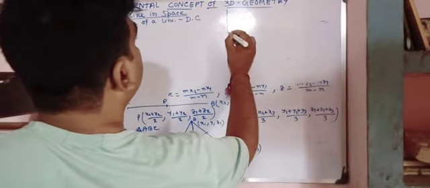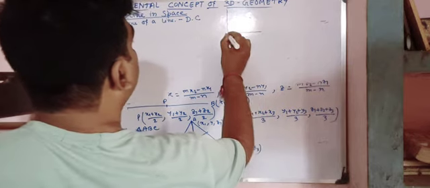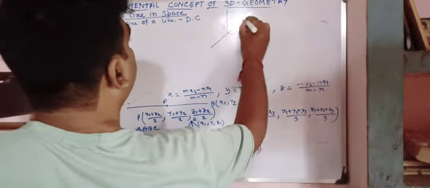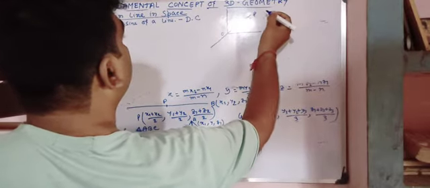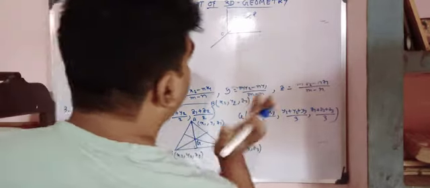Suppose we take the figure like that and we take one line OP, with point P(x, y, z).